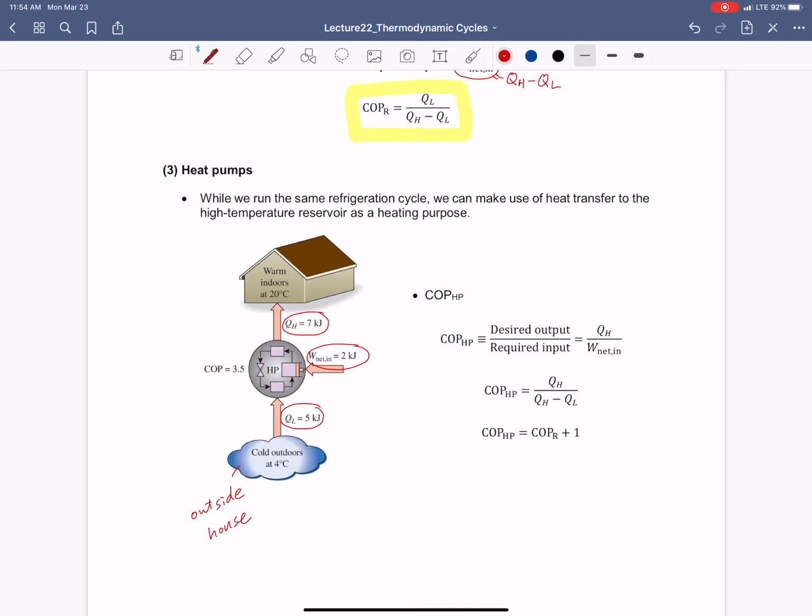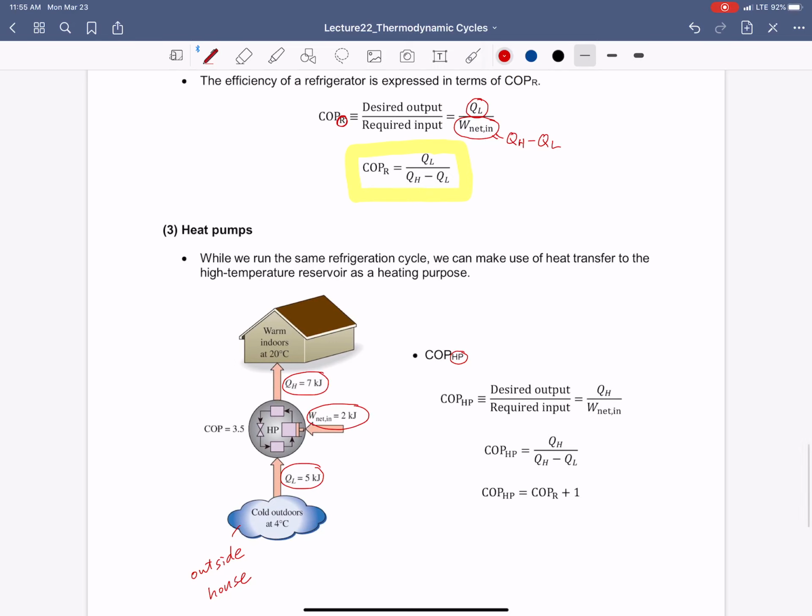So again, the cycle is still the same, but whether we want to make use of QL to make your space cool, or make use of QH to make your space warm, we call the former a refrigerator and the latter a heat pump. And similarly, we can define the COP for the heat pump. In order to distinguish the COP for heat pump from the COP for refrigerator, we put subscript HP.